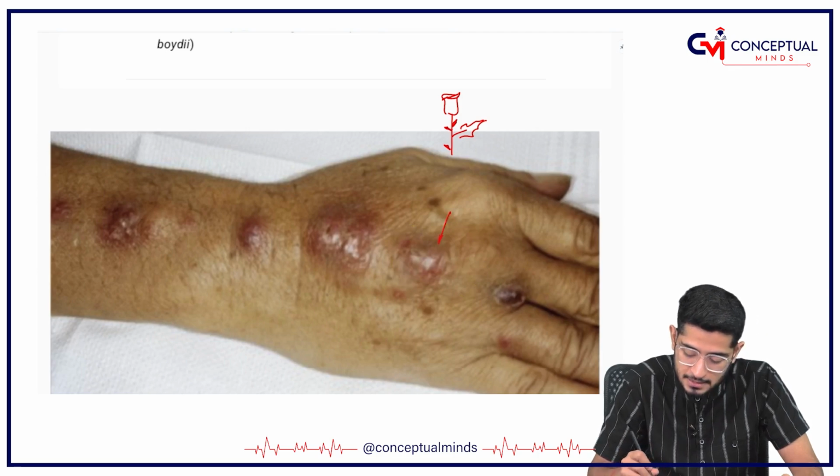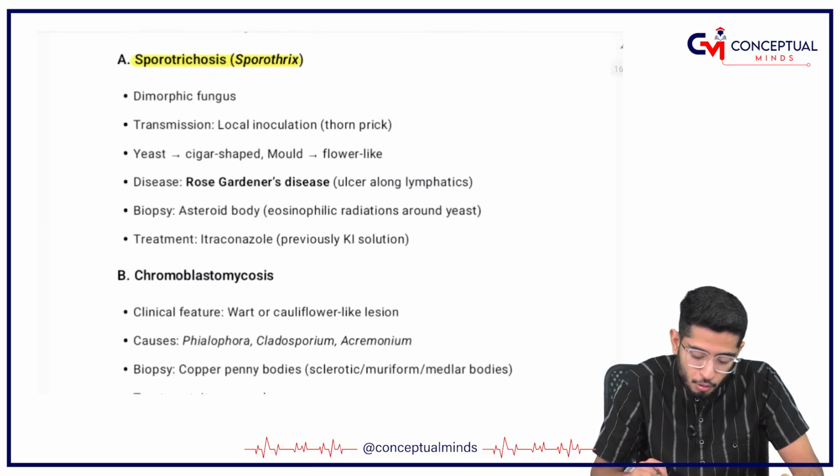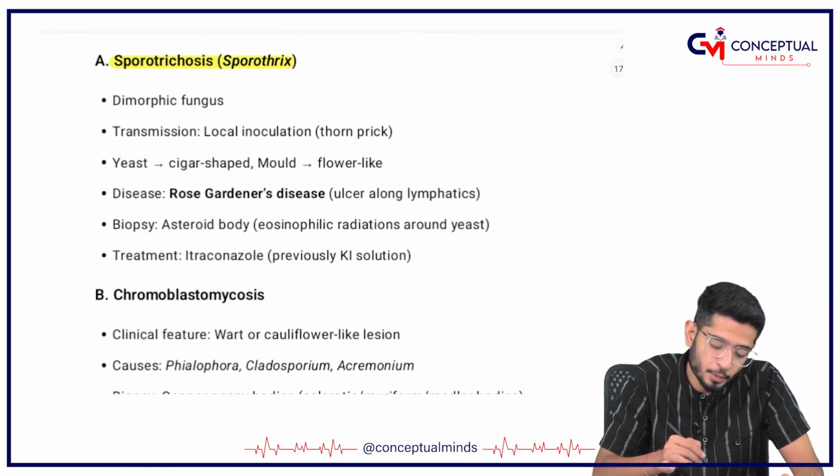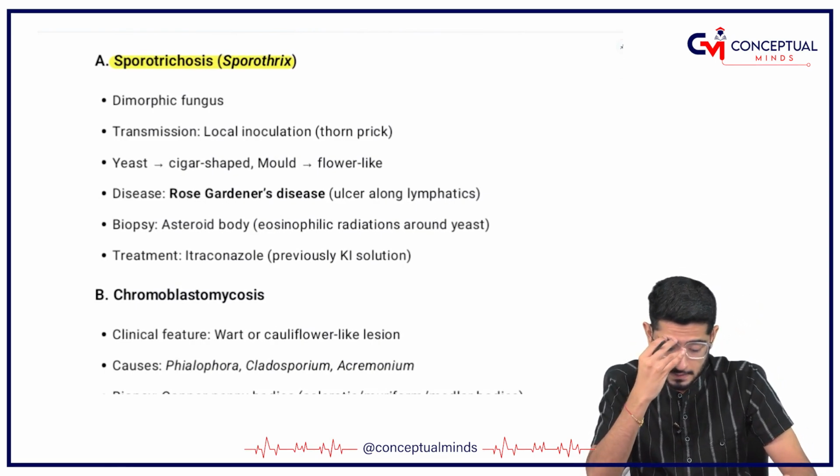So this injury is nothing else but a thorn prick injury. And the fungal infection known to be transmitted with the thorn prick injury is called Sporotrichosis.